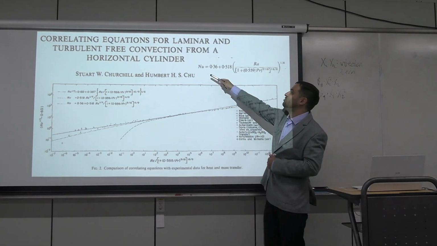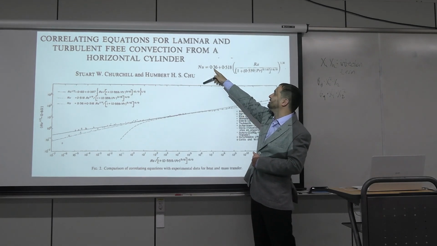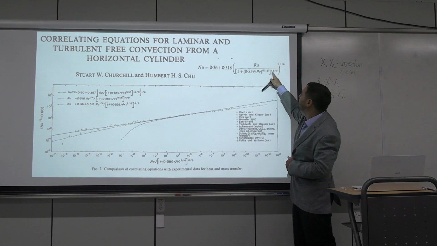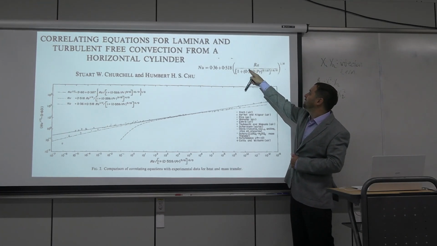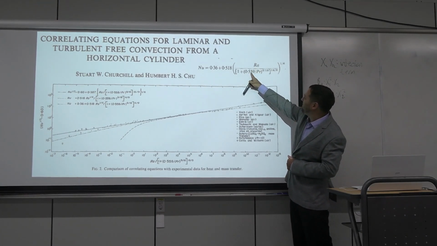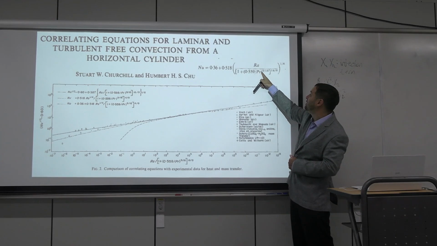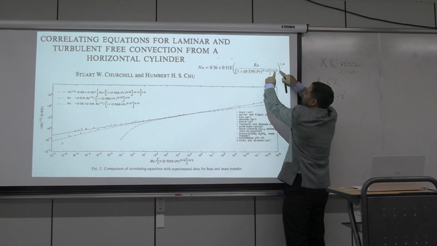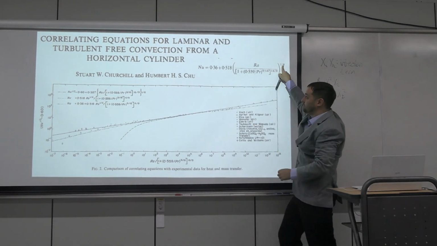And so here it's a Nusselt number correlation: 0.36 plus 0.518 times the Rayleigh number, divided by 1 plus 0.559 divided by the Prandtl number raised to the 9/16th power, all of that in brackets to the 16th power, and all of that to the 1/4 power.